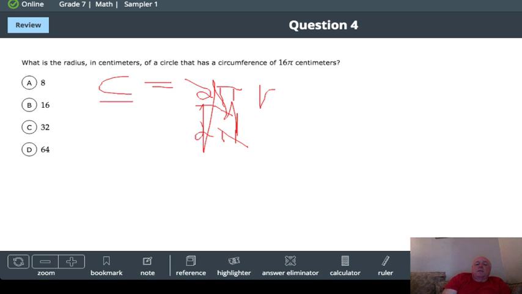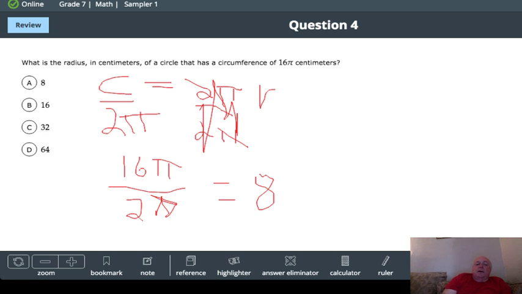Whatever we do with the right side, we do to the left side of the equal sign. So we have C over 2 pi equals r. We know the circumference is 16 pi, and we're dividing that by 2 pi, and we get 8, which should be A.